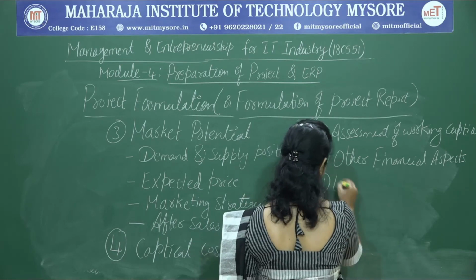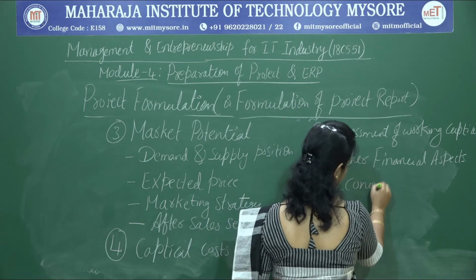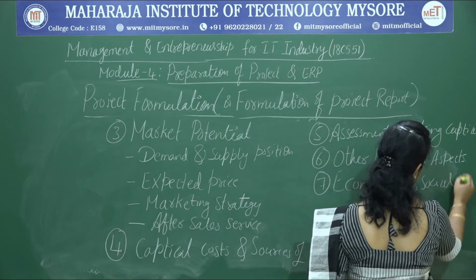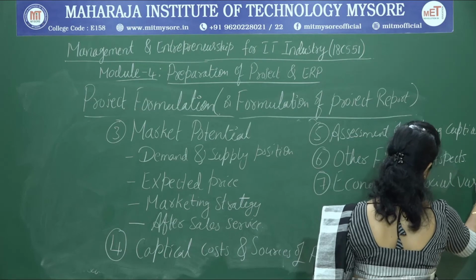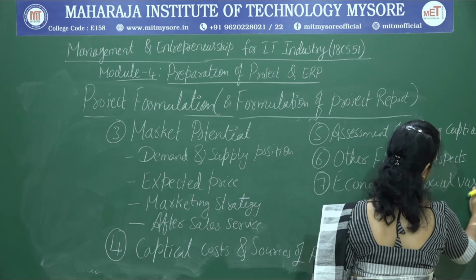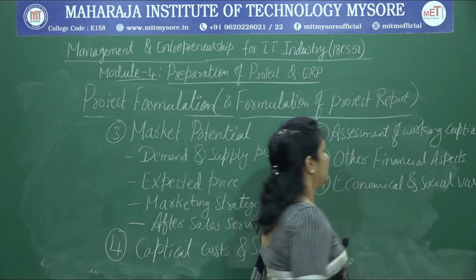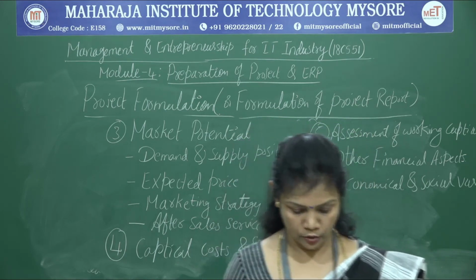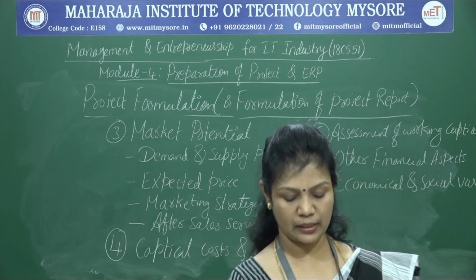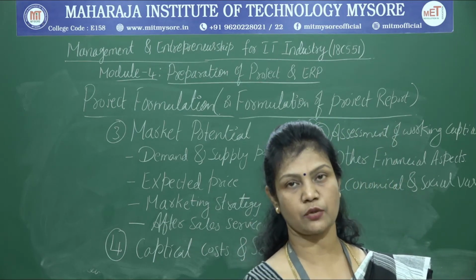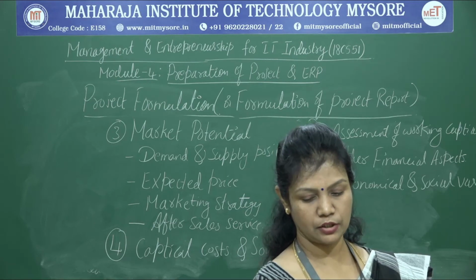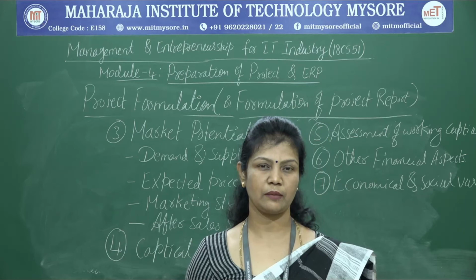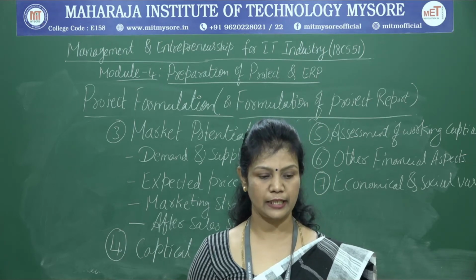So the next one is economical and social variables. So here, like the different types of pollution the organization is going to make due to the production of some of the products, any damage that is going to be made by the organization to the society.